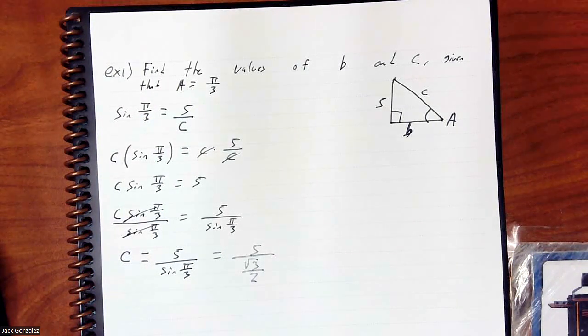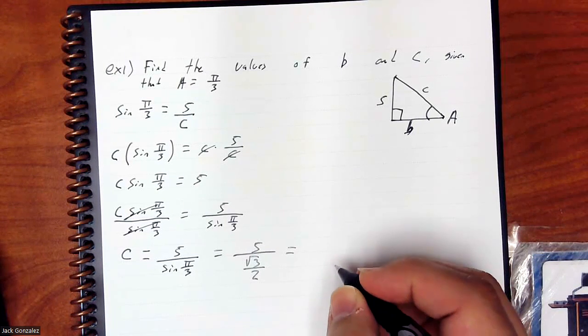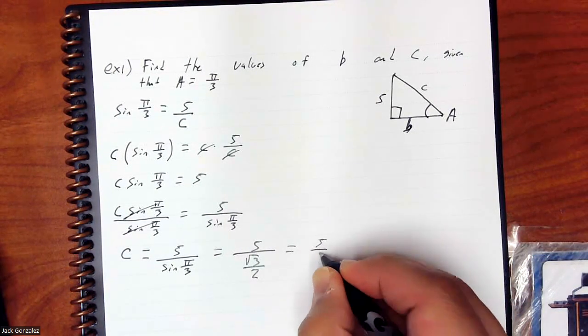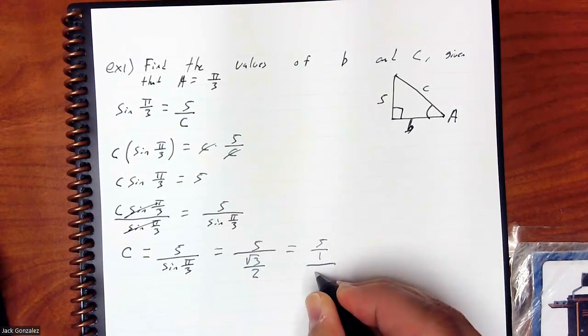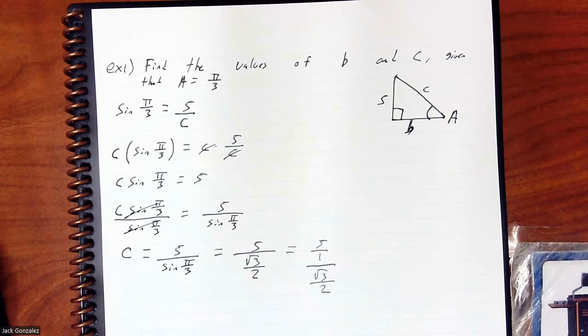Okay. Although that looks super weird. So let's fix it. If you divide by a fraction, what happens? You remember? Dividing by fractions. This is the same thing. You divide by fractions, you flip it and multiply by fraction.